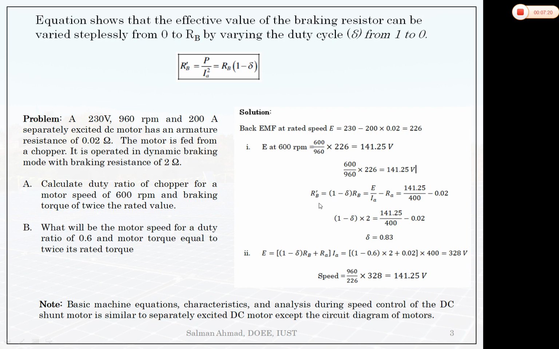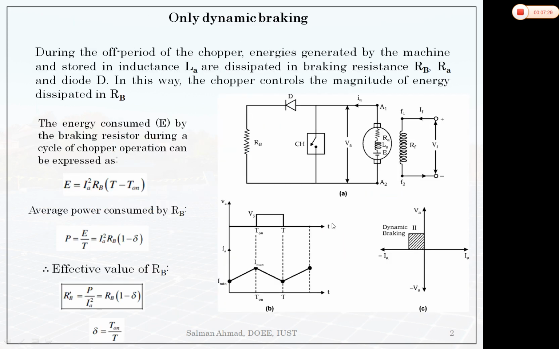Now to calculate the effective value of the resistance, that will be Rb times 1 minus delta. From this circuit you can see that this value will come to be E minus IaRa times this. So E upon Ia minus Ra will be the effective value of the resistance.